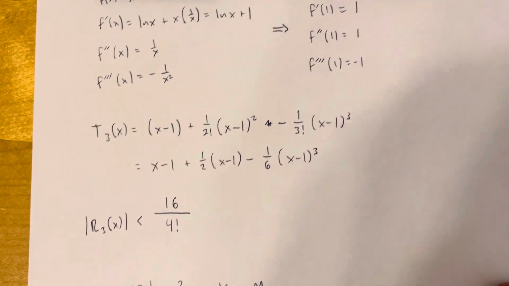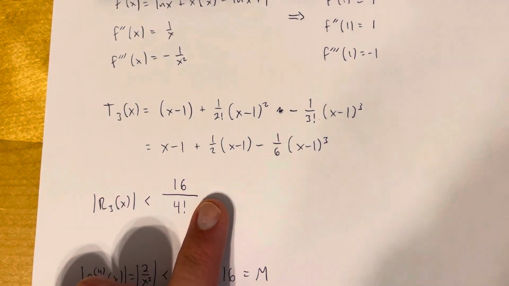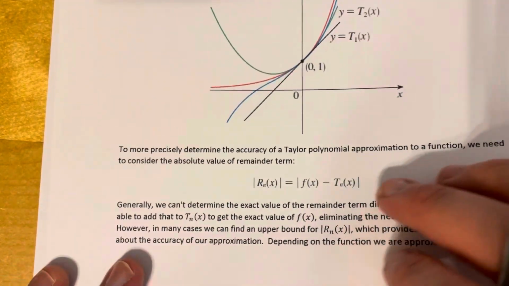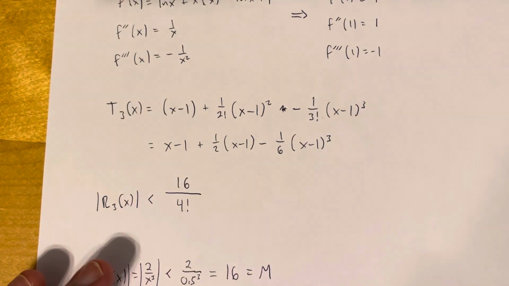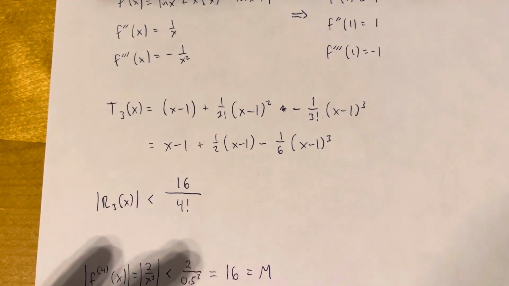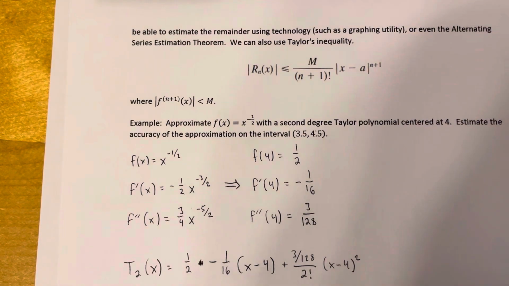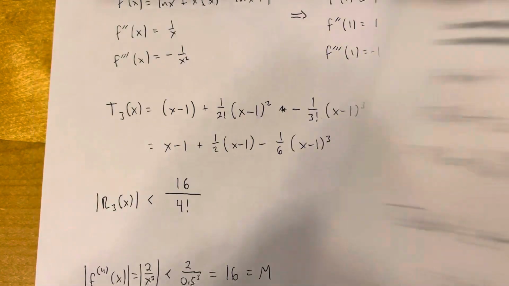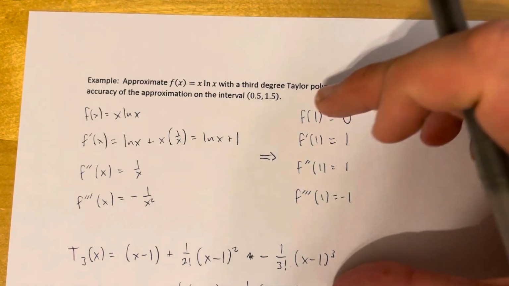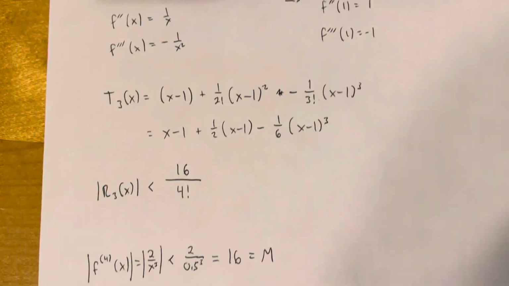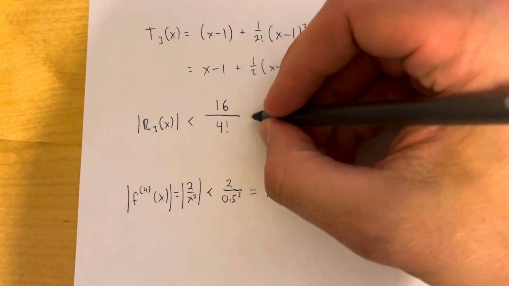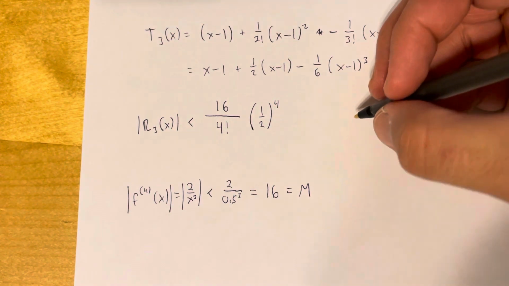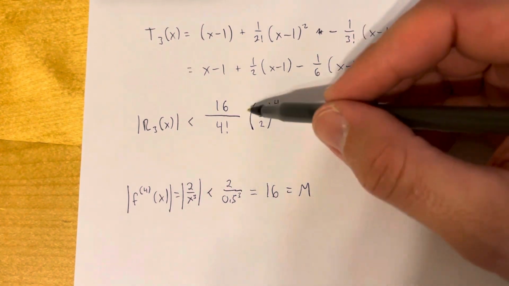And then we also need to multiply that by the absolute value of x minus a to the n plus 1 power. Remember, x minus a is that radius of this interval right here. Like the previous example, it's 0.5 again. So 0.5, or I could even write it as 1/2, and this time, again, it's to the 4th power.